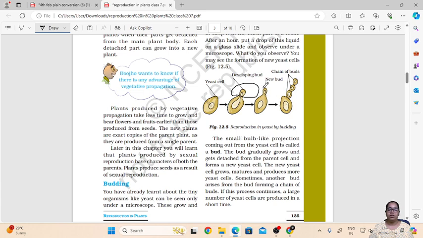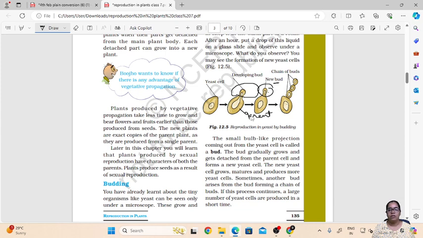This is called a bud. Then the bud matures and the cytoplasmic content from the parent plant, this we can say is the parent plant, and here is the new bud which is formed.